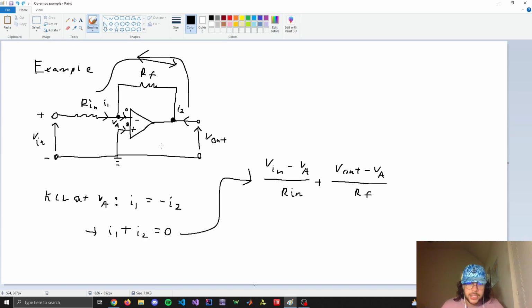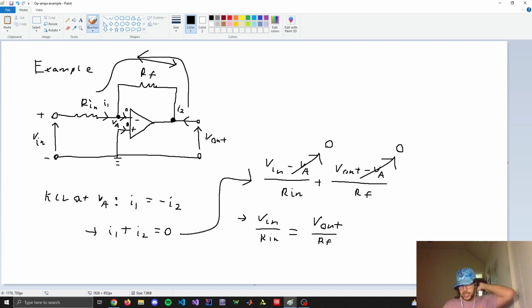Using that fact, we know VA has a potential of 0 because current can't flow into the op amp. So VA is 0, and our new equation is Vin over Rin equals negative Vout over RF. Sorry, I skipped a step.